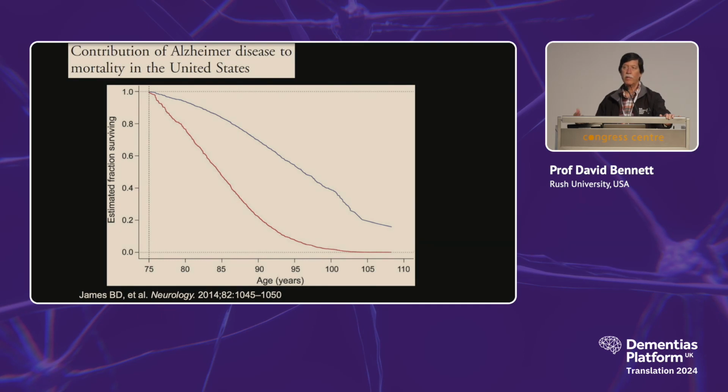If you do an attributable risk model and estimate the number of people who died from, and I'm not going to make it causal, an attributable risk, meaning for those people that developed incident dementia, it contributes to their death. It contributes in a lot of different ways, just like a lot of chronic diseases.